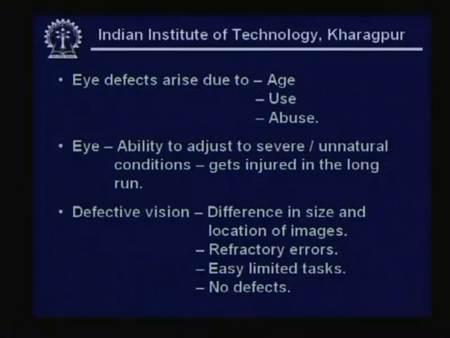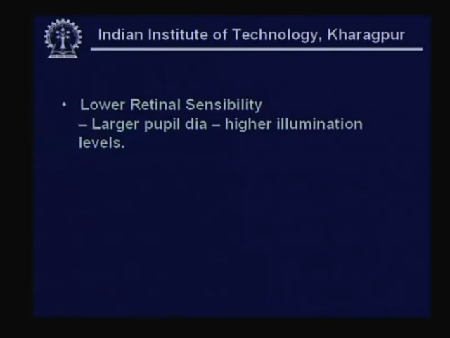Now, defective vision per se could be because of difference in size and location of images, which is often called refractive errors, and these errors can be limited to easy tasks.